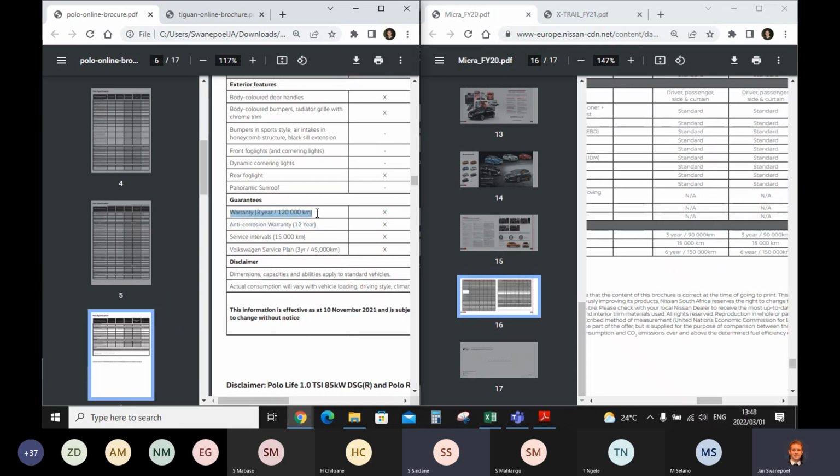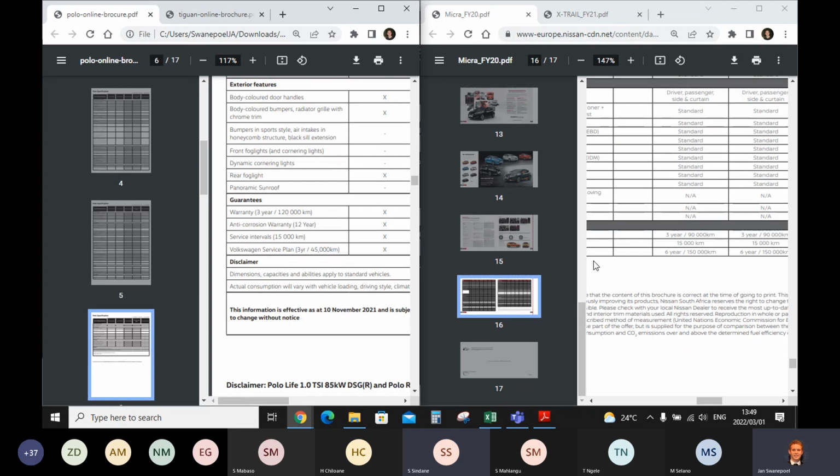Warranty 3-year 120,000 kilometers on the Polo, whereas the Micra's got a 6-year 150,000 kilometer warranty. So you can see that in the Micra's case, Nissan invested a lot more in the utilization phase than VW did with the Polo. You can see here that with the Polo, they didn't invest so much during the utilization phase of that car.